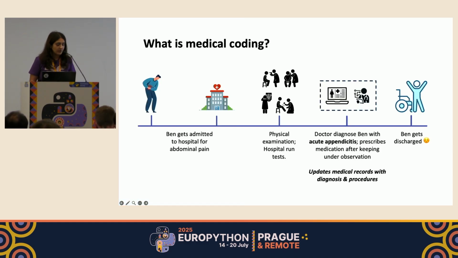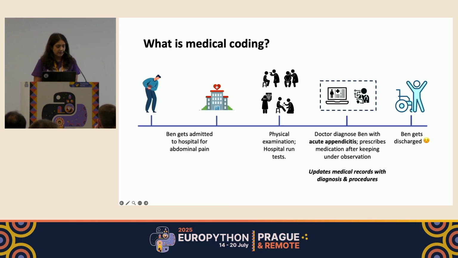So just starting with setting some context for what medical coding is. Let's say there's Ben who gets an abdominal pain and wants to go to a hospital. He goes to the hospital, gets himself admitted, and the doctors come and do some physical examination and run a few tests. Then the doctor looks at those reports and diagnoses Ben with acute appendicitis.